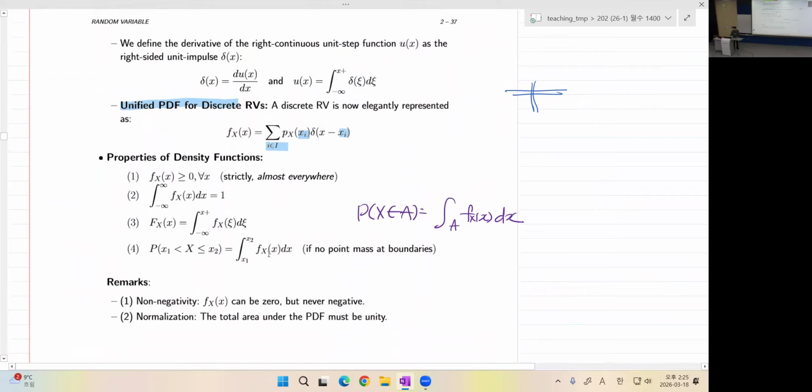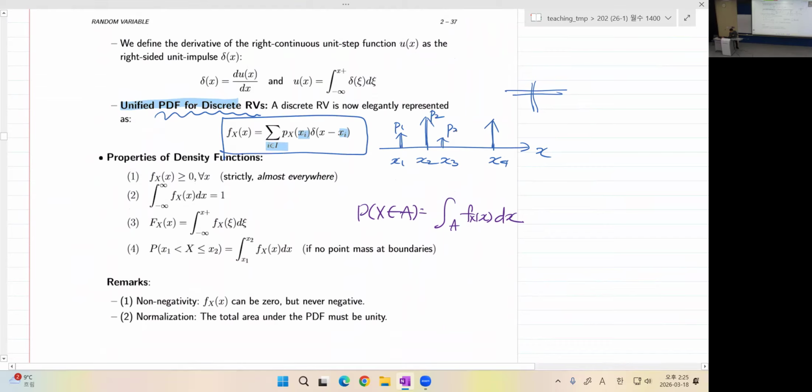So the PDF of discrete random variables can be written this way, which means you have the x-axis and you have Dirac deltas scattered like on x1, x2, x3, x4. And the heights of the delta functions, which sounds strange, but anyway, if you sum them up, must be unity.